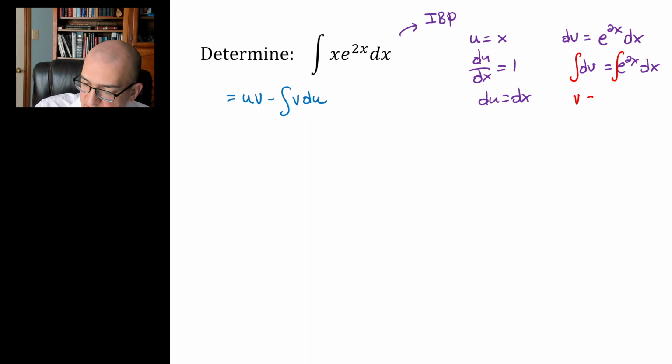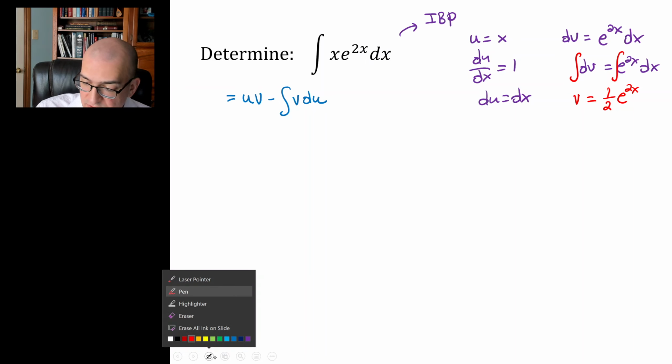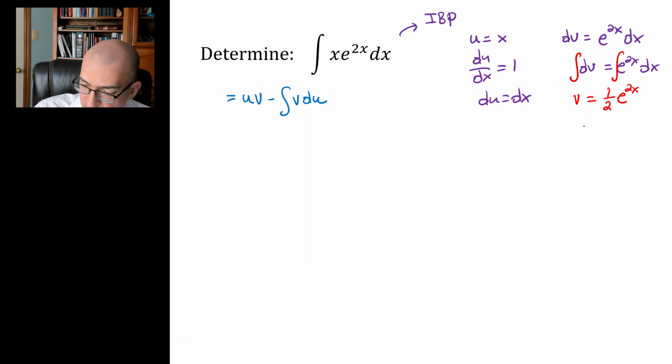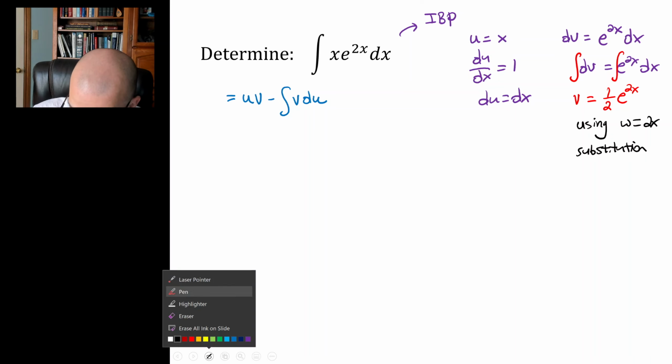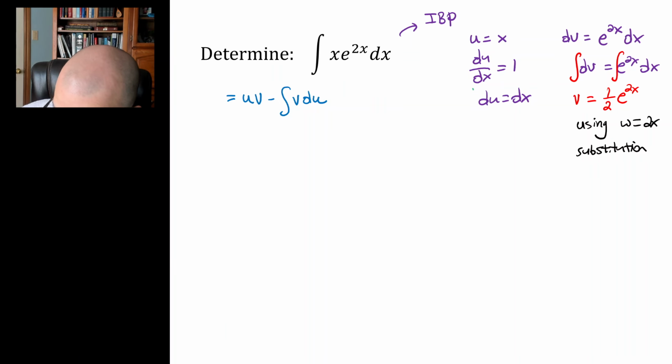We get v is equal to 1/2 e to the 2x. And I used a substitution there, using w equals 2x substitution. And we're going to plug those results in.